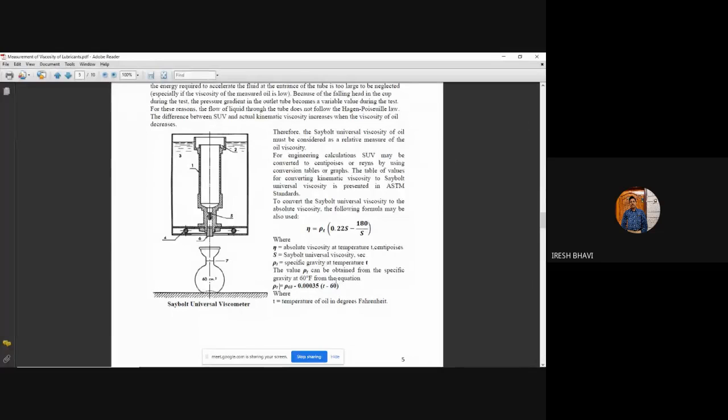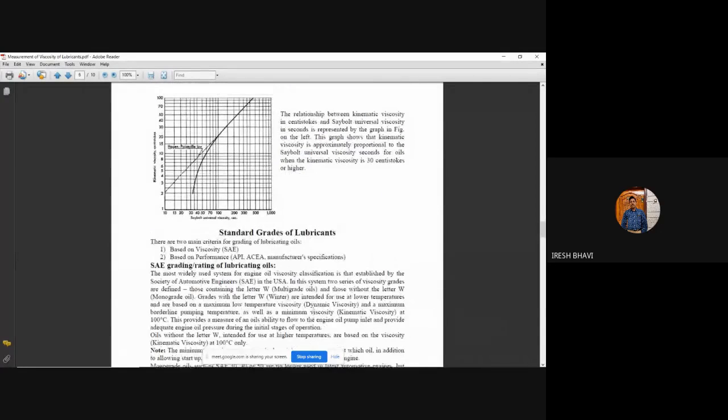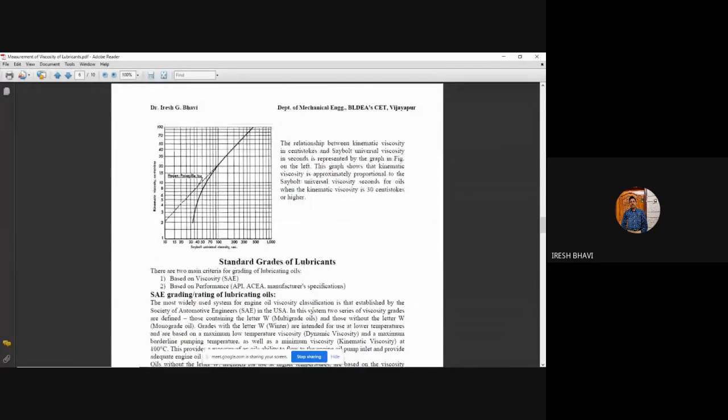Is it clear now? This is about Saybolt universal viscometer. And here, this is the relation between Saybolt universal viscosity and kinematic viscosity in centistokes. Okay. Kinematic viscosity is nu, which we have determined.